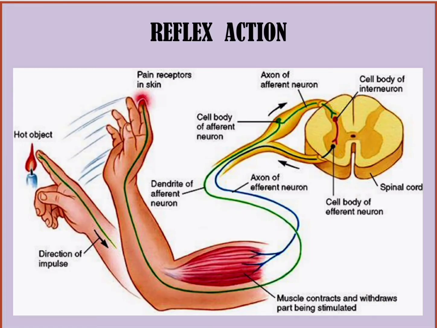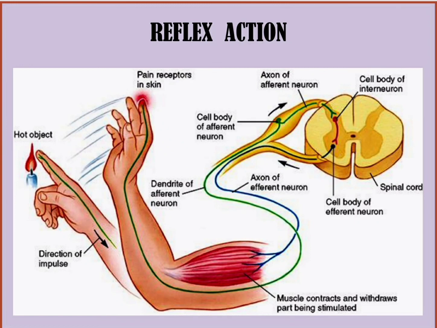Now let us understand the meaning of reflex action. This is exactly explaining to you how the nerves work. Now in this picture, if you see, the finger is touching a hot object like the flame of the candle. So you see that green line which is running from the finger towards the hand. So the message that the finger has touched something hot gets passed on to the spinal cord.